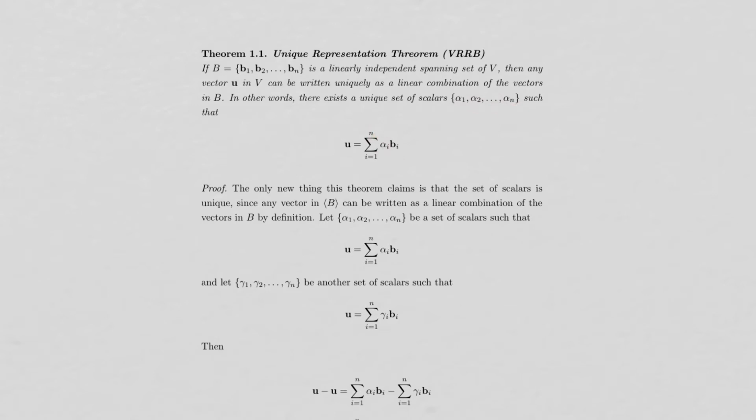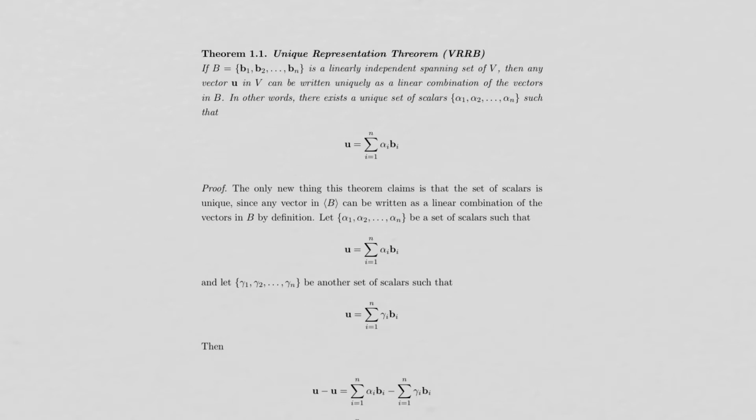And really the only thing that this theorem claims that's not just part of the definition of a spanning set is that this set of scalars is unique. For the sake of time, I won't go through the entire proof here. Make sure you read through that in the lecture notes. I'll just point out that it uses the standard approach for proving that something is unique.